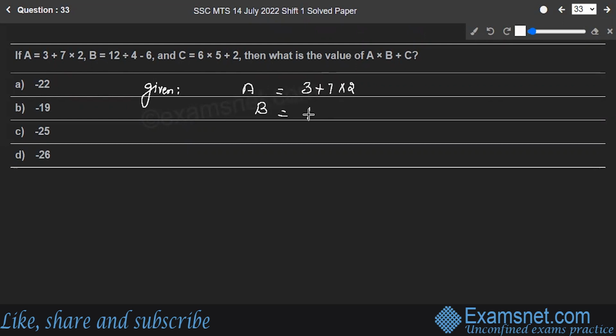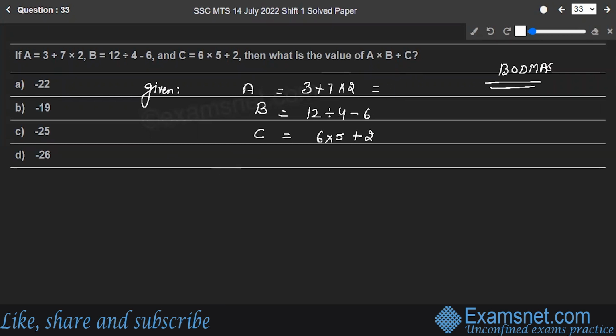B is equal to 12 divided by 4 minus 6. C is equal to 6 multiplied by 5 plus 2. So what you have to take care of in the question is the BODMAS rule. Whenever you have these algebraic expression or equation type questions, you just have to take care of the BODMAS rule, right?